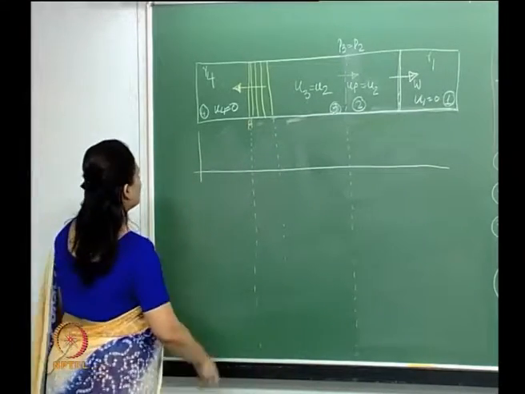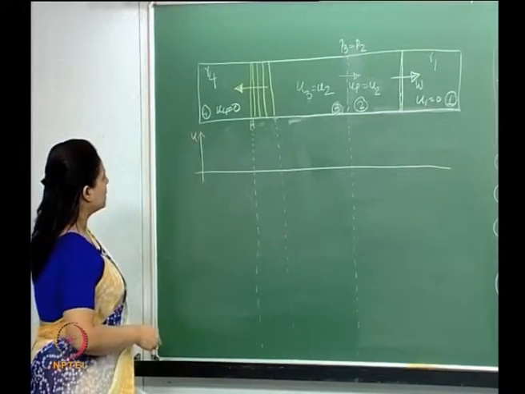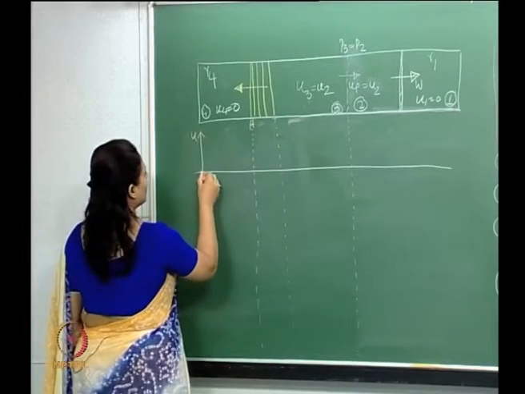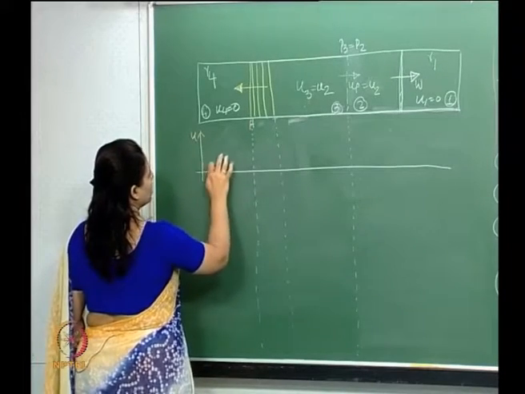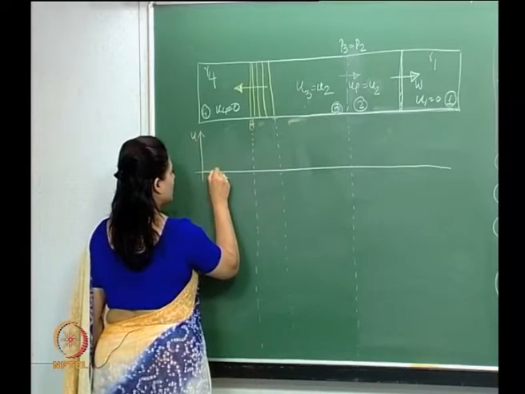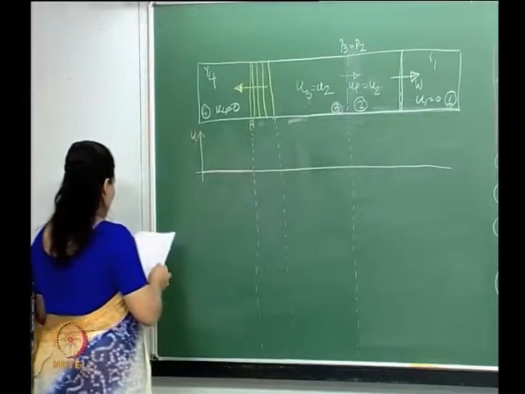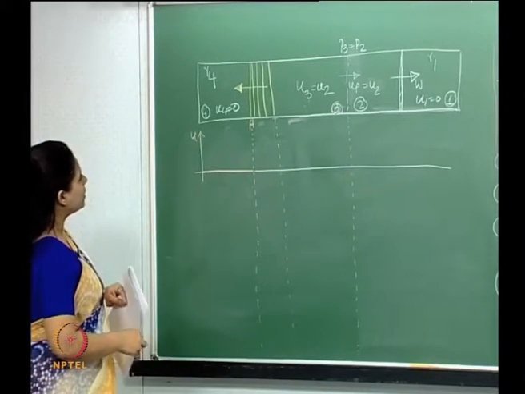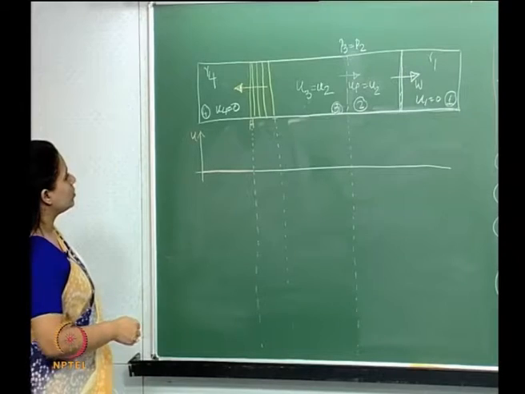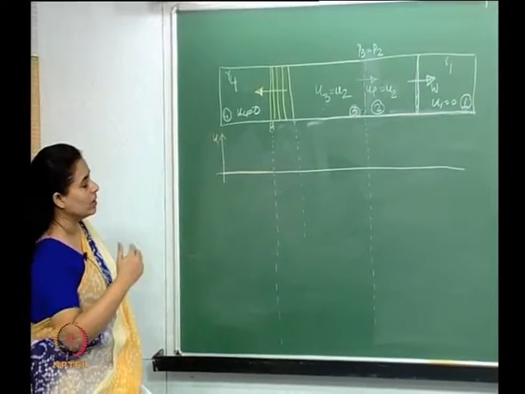Okay. Now, if I do that, let us take a different color. Let us call the velocity. Now, you can see that the velocity here is 0, isn't it? It is u4 which is 0. Then u3 is some velocity which is given by the expression.